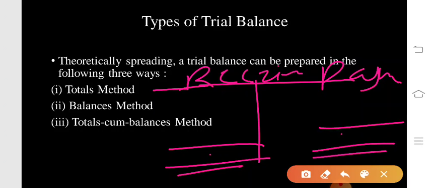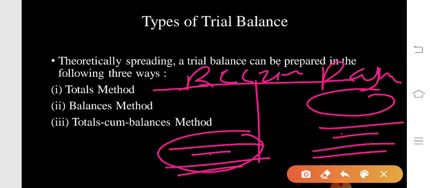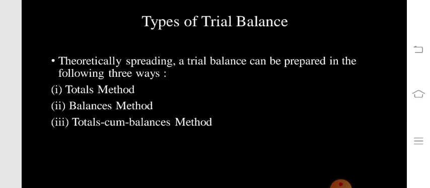Since I have told you that all the assets will always have a debit balance, that means debit side was greater. But we have written this total only here also. Now what we are supposed to do here is, we'll write the debit total on the debit side and the credit total on the credit side. So let's take an example.